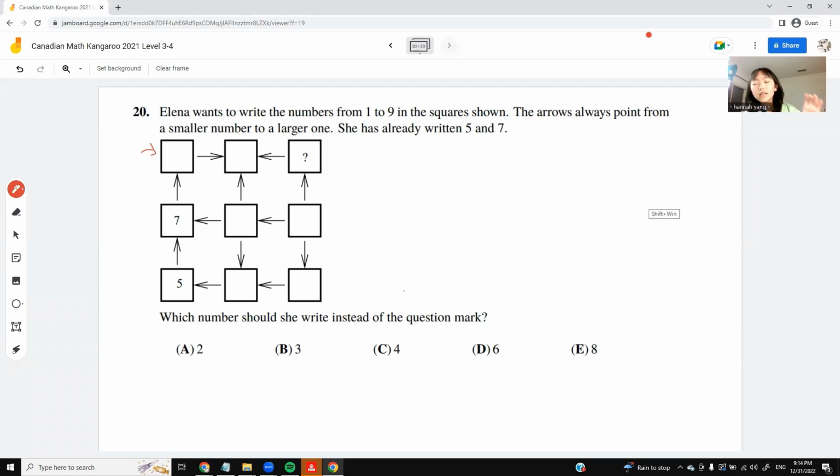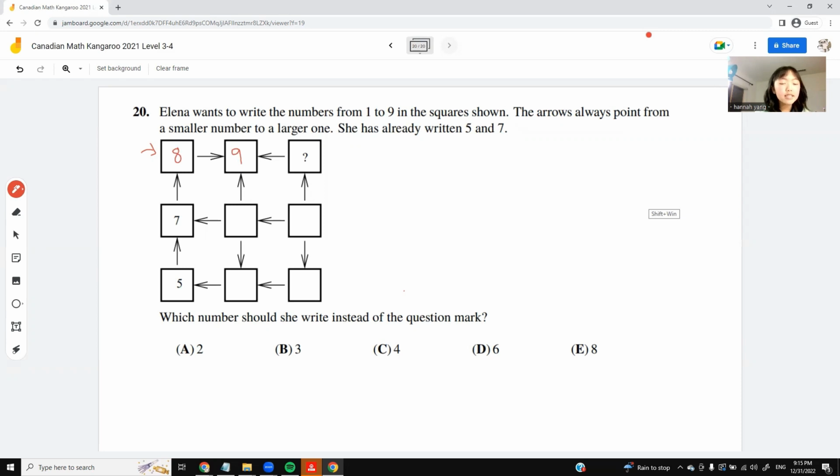So if the arrow is coming from the box that says 7, then the only other numbers would be 8 or 9. So you could put either 8 or 9, but then eventually, if you keep following the arrows, you would discover that there's an even larger number, meaning that that one would have to be 9 and this one would have to be 8.